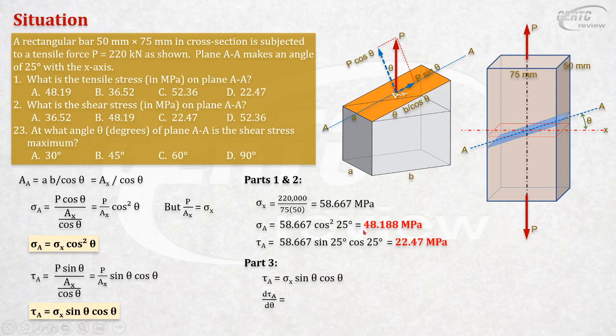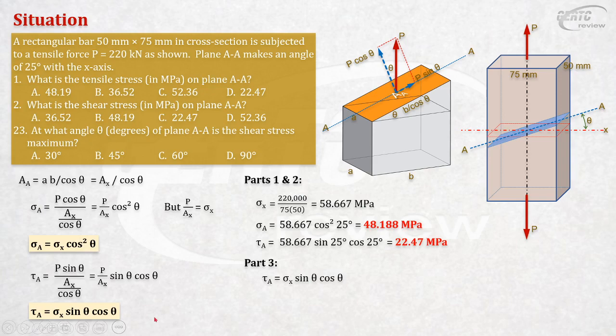Alright, part 3. So, tau is what we are maximizing. So this is the formula. We will differentiate tau with respect to theta, with sigma x constant.